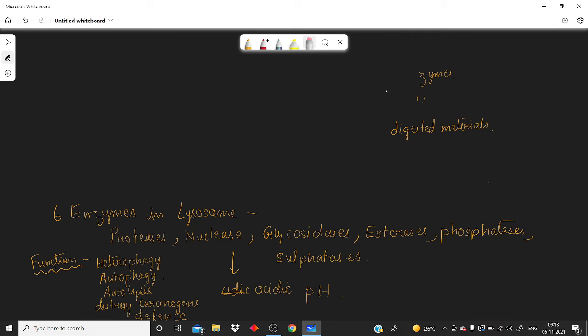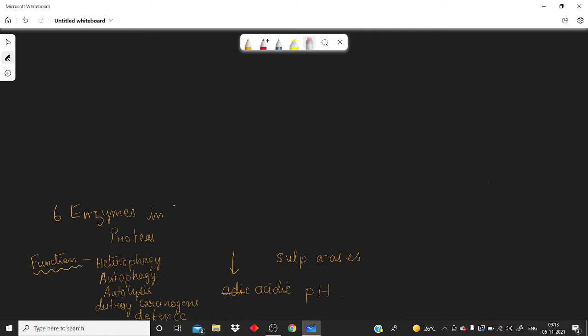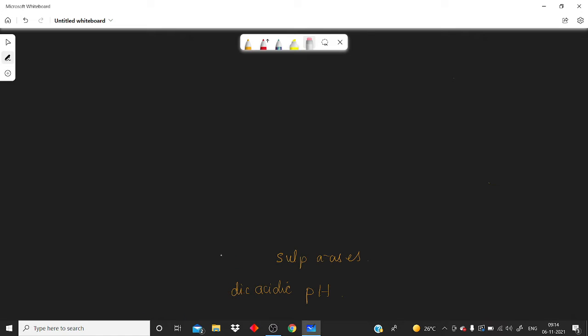After the Golgi bodies has finished preparing all the final products by modification and packaging, the lysosomes as well as the vacuoles are prepared.